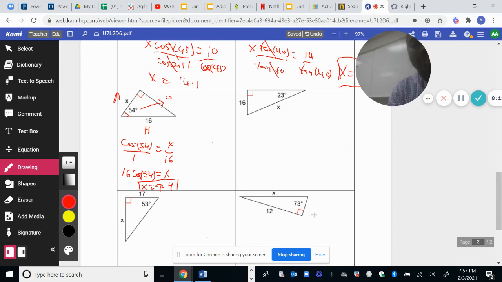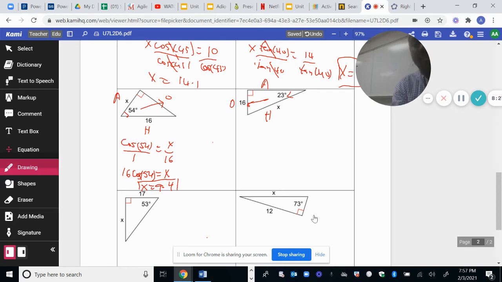On the other side, this is the reference angle, the opposite side is here, the hypotenuse is here, the adjacent is here. We have information about the opposite side and the hypotenuse, so we're going to use sine. So sine 23 will be equal to 16 over x.